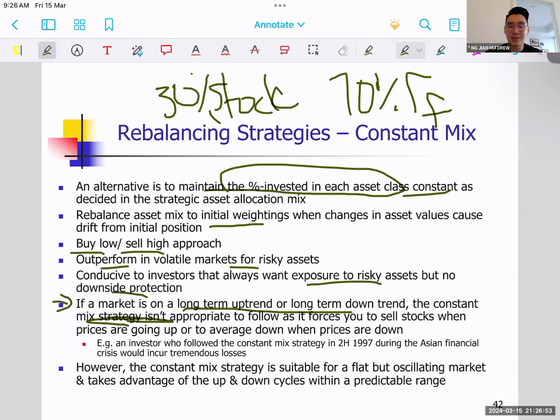You're buying on losses. So when there's a constant trend upwards or downwards, the constant mix strategy is very bad. So the constant mix strategy is good when it's a flat or oscillating market, going up and down, up and down. I'll pause here for a while. Any questions, any clarification needed for the constant mix strategy before we look at the graph and what this means in the graph?